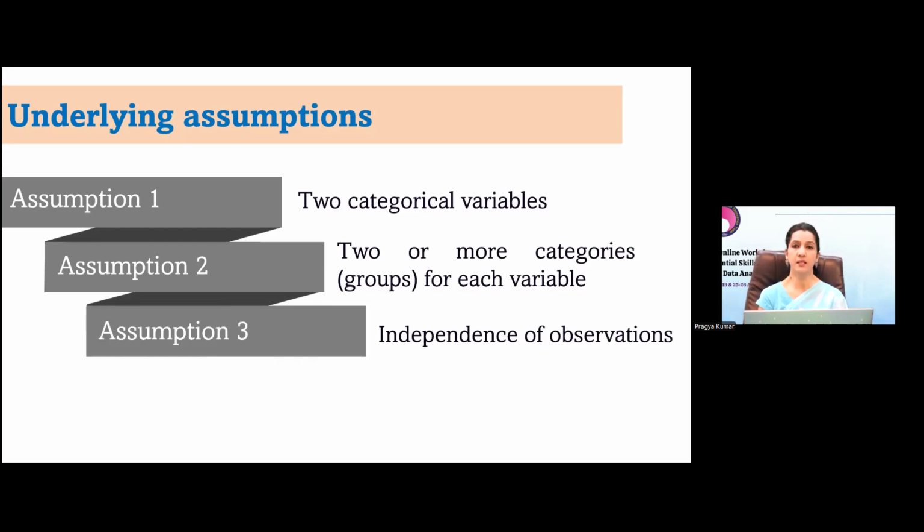Now, what is this independence of observation? Independence of observation is a methodological issue. When you recruit people for the sample, you should be recruiting one individual only once. You cannot include one individual more than once. So it can be an error.